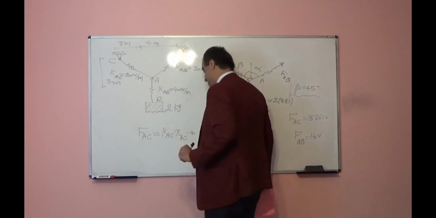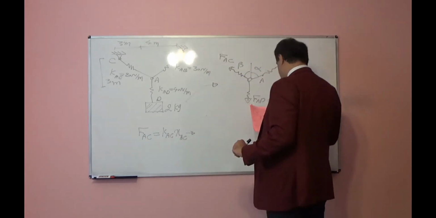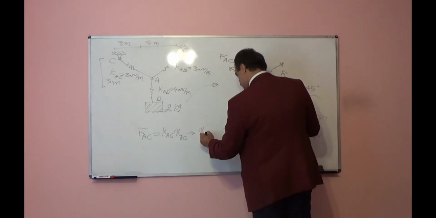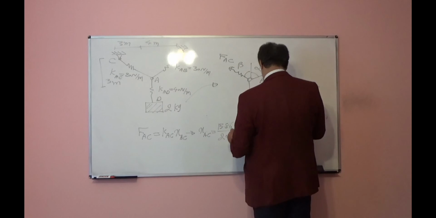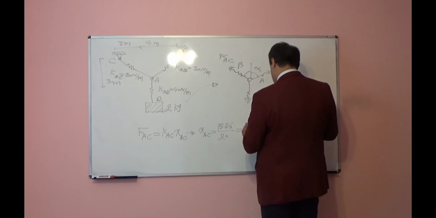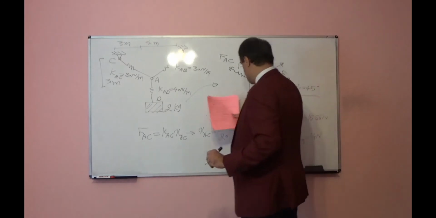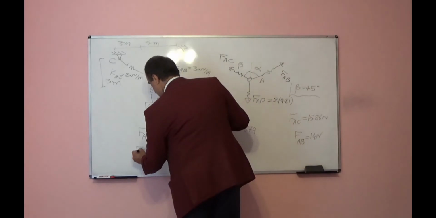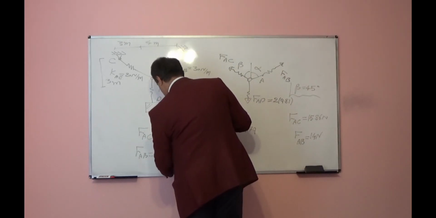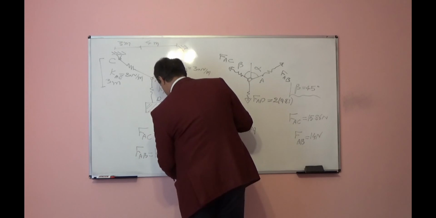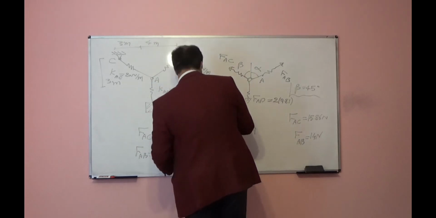From here, I can write XAC is equal to 15.86 divided by 20, that will be 0.79, and FAB will be equal to KAB times XAB.